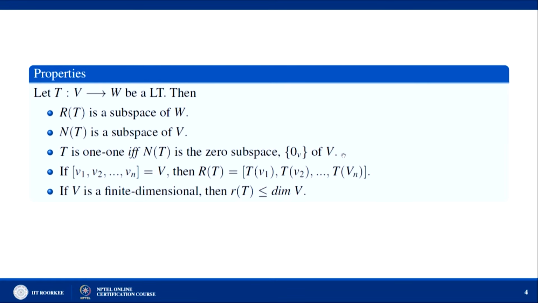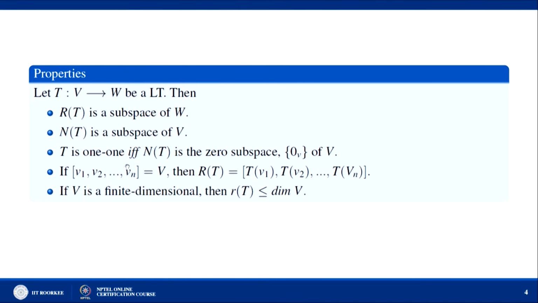So, basically the dimension of R(T) will be less than or equal to the dimension of V. The largest linearly independent set is itself. If the whole set is linearly independent, then this will be the basis of V.